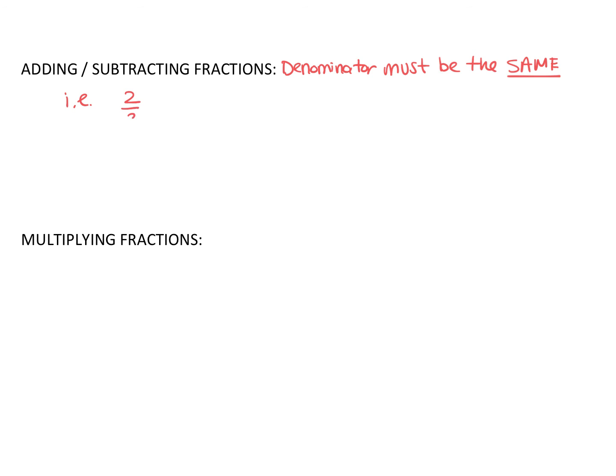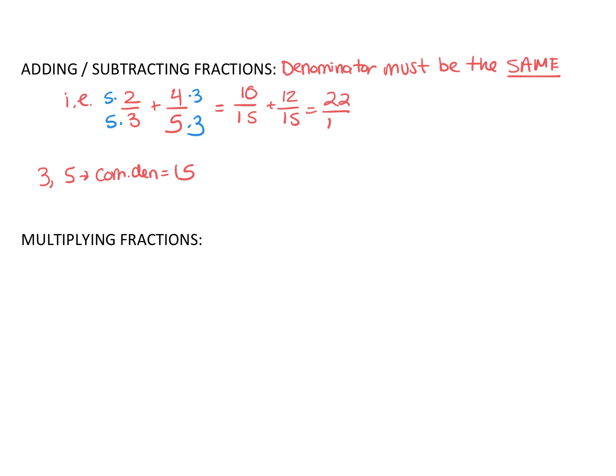If I have 2/3 plus 4/5, if I have 3 and 5, my common denominator would be 15, because that's 3 times 5. So times 5, times 3. So I'm going to end up with 10/15 plus 12/15 equals 22/15.